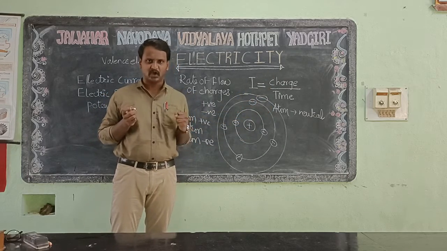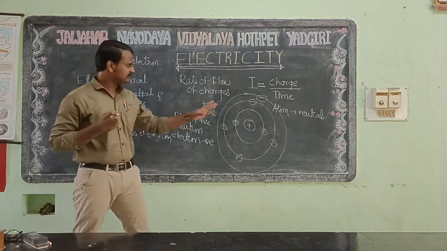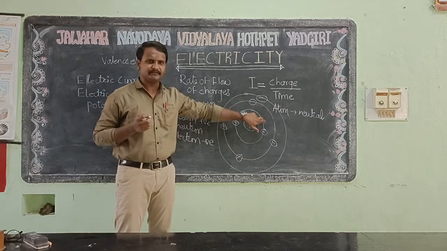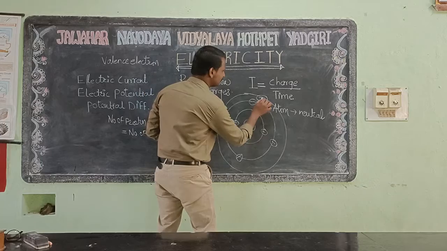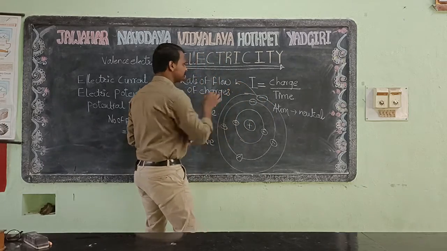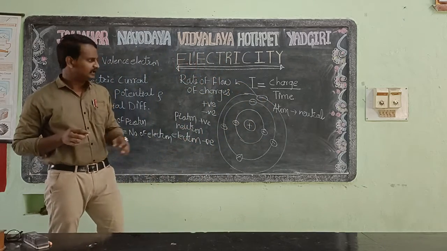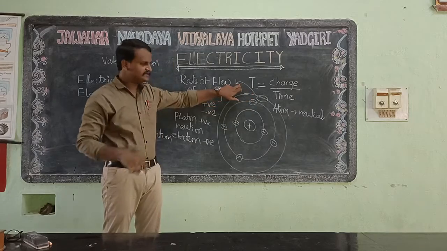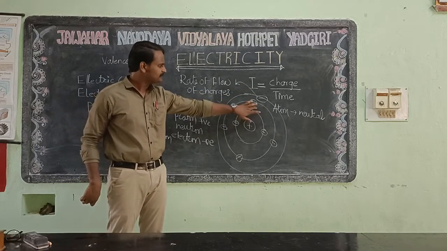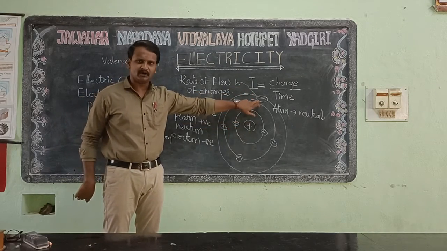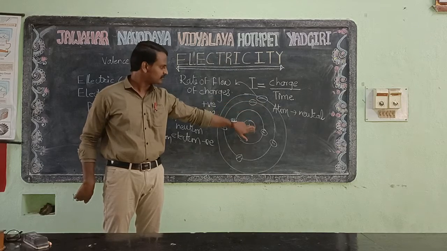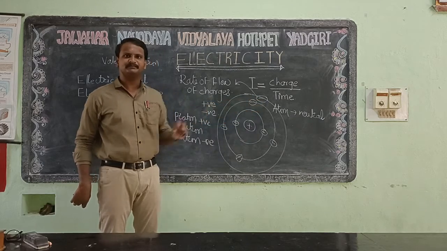They can easily jump from one orbit to another orbit. Now consider we are giving some energy to the atom. In that case, this valence electron will jump out from this orbit. Now the number of protons and the number of electrons are not equal.